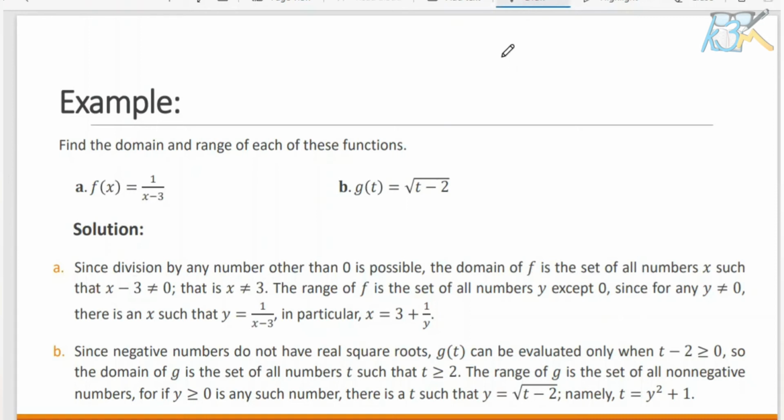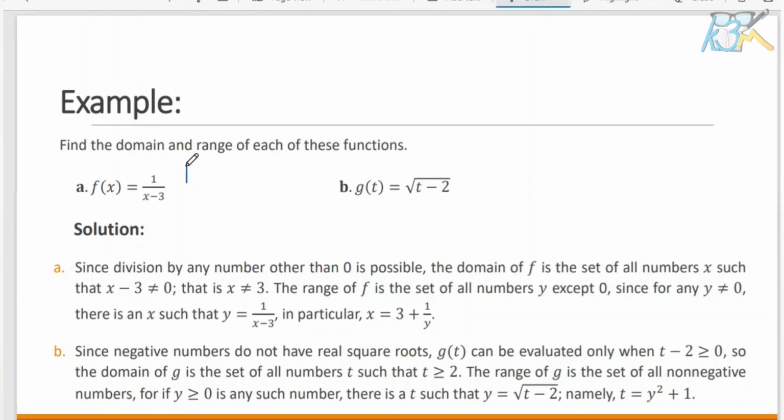So the domain of this function is all real numbers, denoted by script R, except 3. So this is the domain for this function.